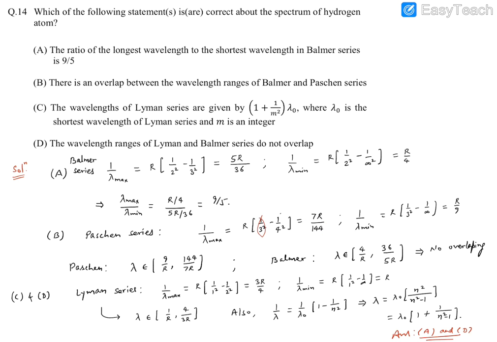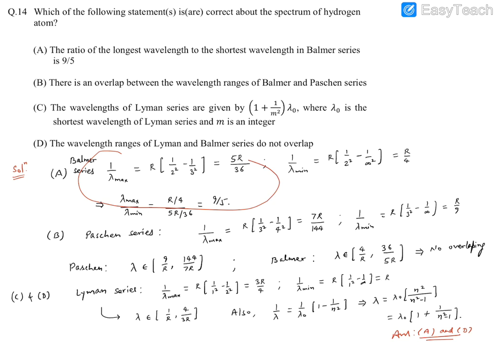This is 1 by 9 minus 1 by 16, and we can simplify this. Similarly, we can find lambda minimum. For that, it has to come from infinity to the third level, so it's basically R by 9. Using these numbers we can find the range. So the Paschen series wavelength range is from 9 by R to 144 divided by 7R.